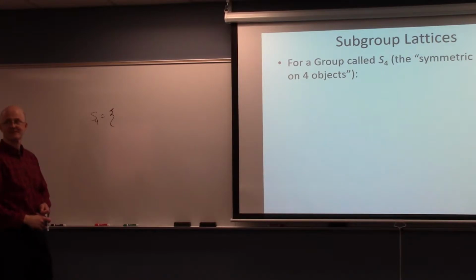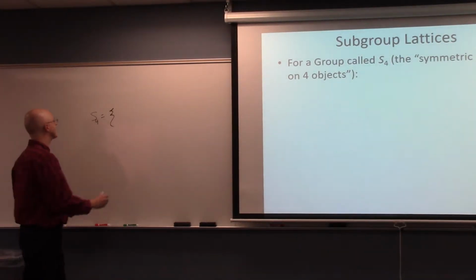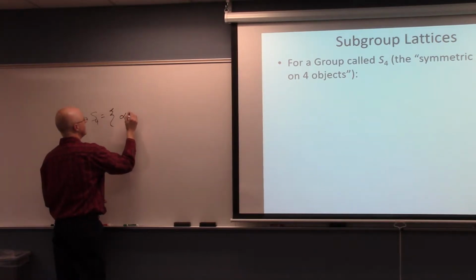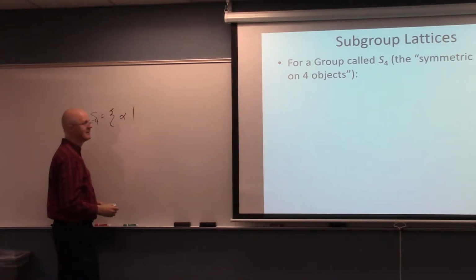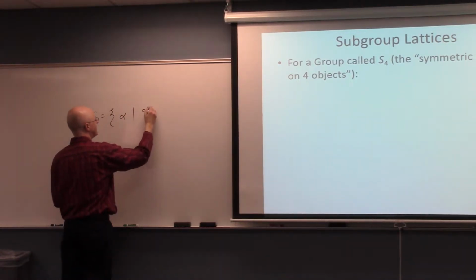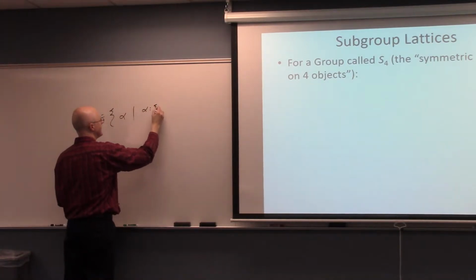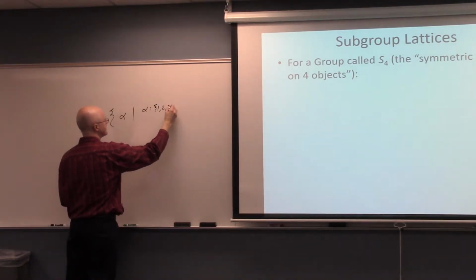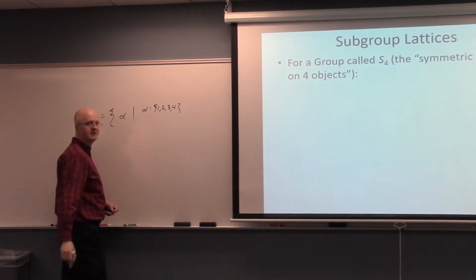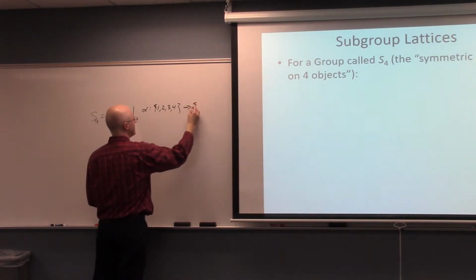Or something else? A permutation, where it goes from 1 to 4. They're permutations, which means, in this class, they're functions. Called the set of all alpha, such that alpha is a function mapping. We can take it to be the set 1, 2, 3, 4 to itself.